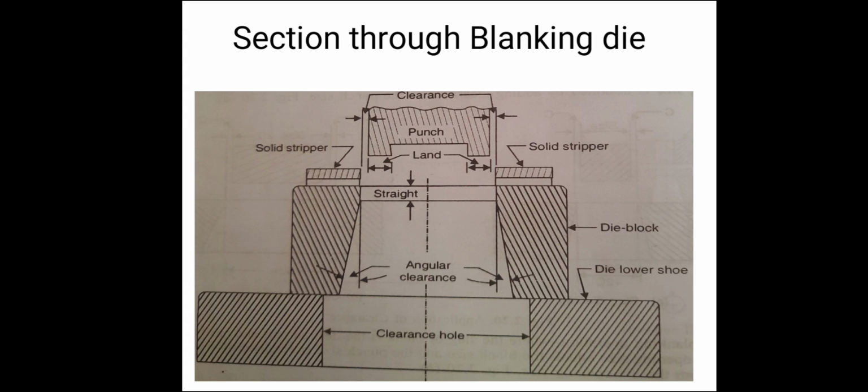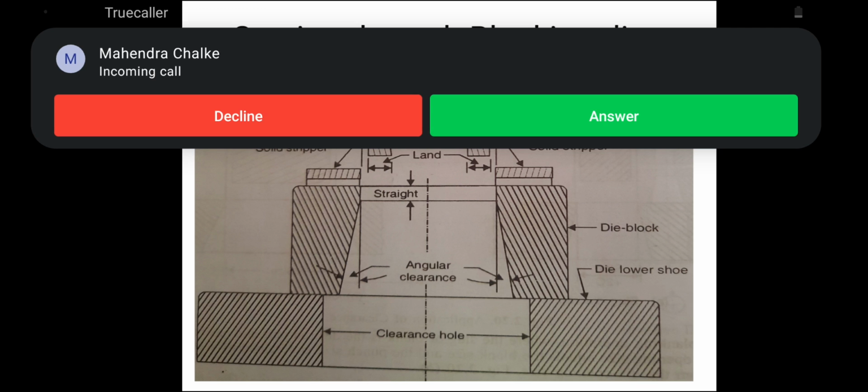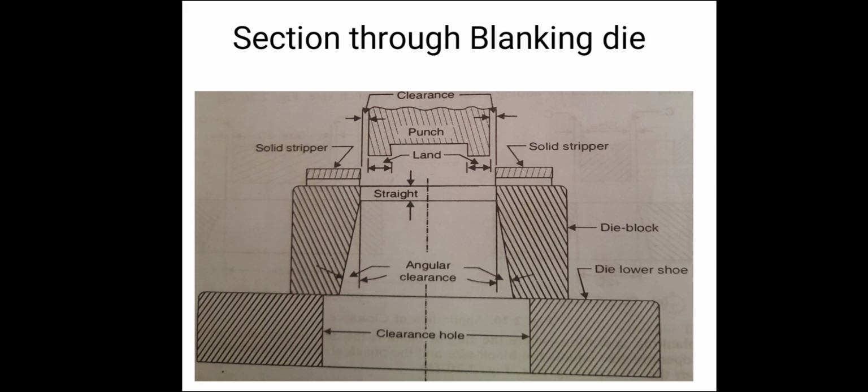Angular clearance or relief is provided to enable the slug to clear the die. It is provided below the straight portion of the die surface. It is usually 1/4 to 1.5 degree per side, but occasionally it is as high as 2 degree, depending mainly on stock thickness and frequency of sharpening.